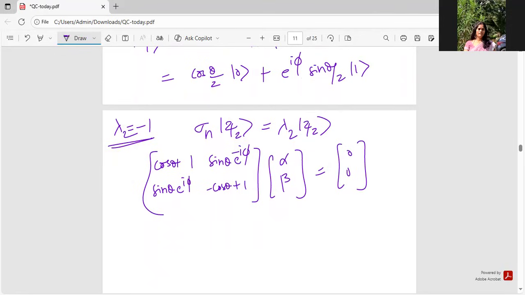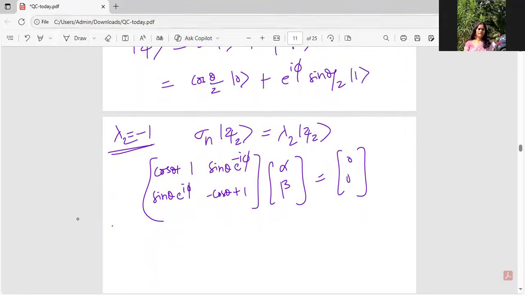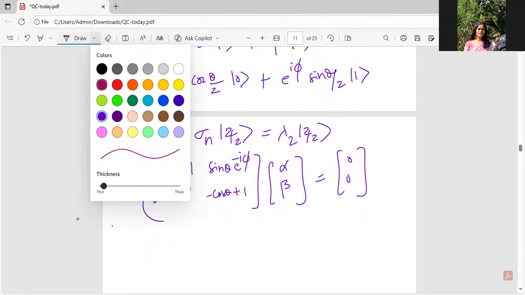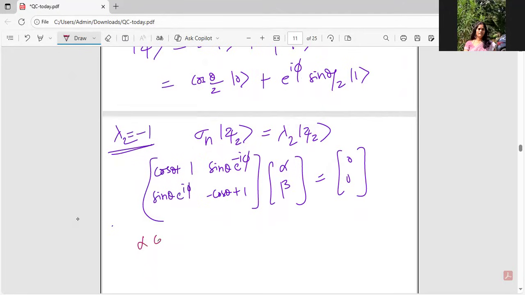Ket xi is all about alpha and beta only, right? Now, alpha cos theta plus alpha plus beta sin theta e power minus I phi is equal to 0, is one version.